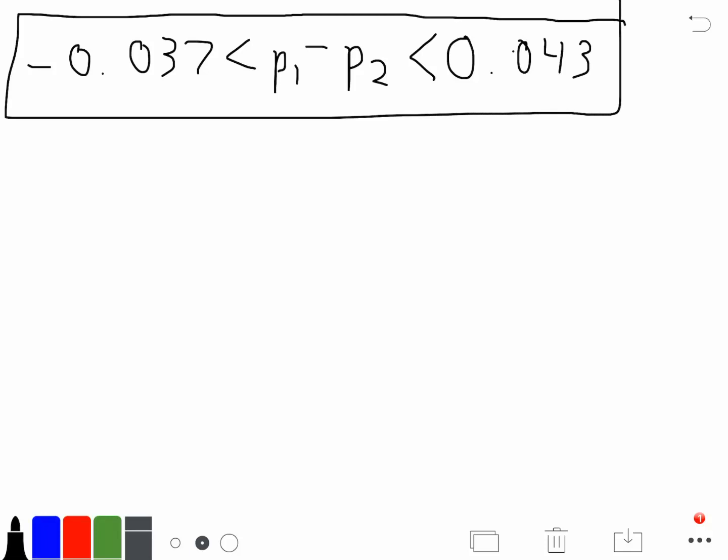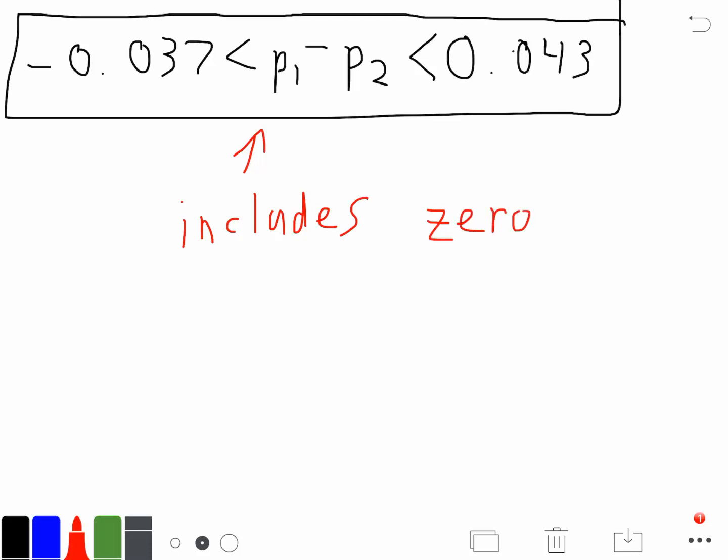Now it's going to ask us, what is our conclusion based on this confidence interval? Is there any significant difference between P sub 1 and P sub 2? If we look at this confidence interval, we see that 0 is included. 0 is somewhere between negative 0.037 and 0.043.